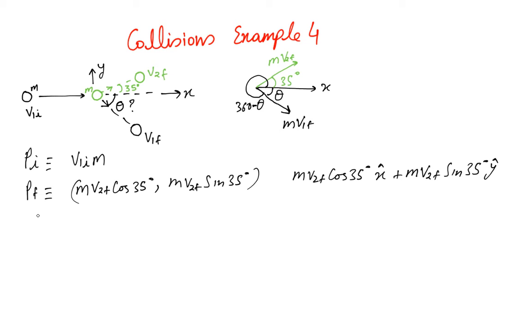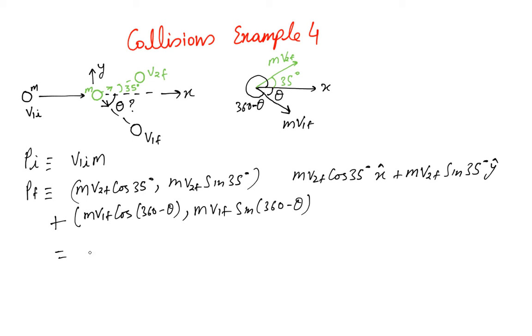Okay, plus, we have one more vector. If you write this, what we get is m v1f cos of 360 minus theta, comma, m v1f sine of 360 minus theta.